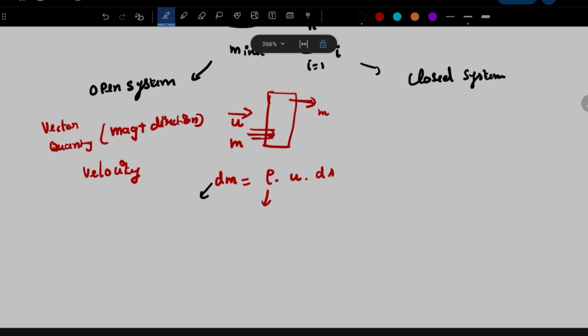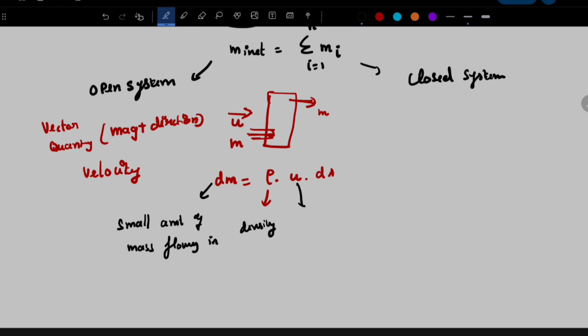So this dm is the small amount of mass flowing in. Rho is the density, and u is the speed of the fluid, which is perpendicular to the opening.